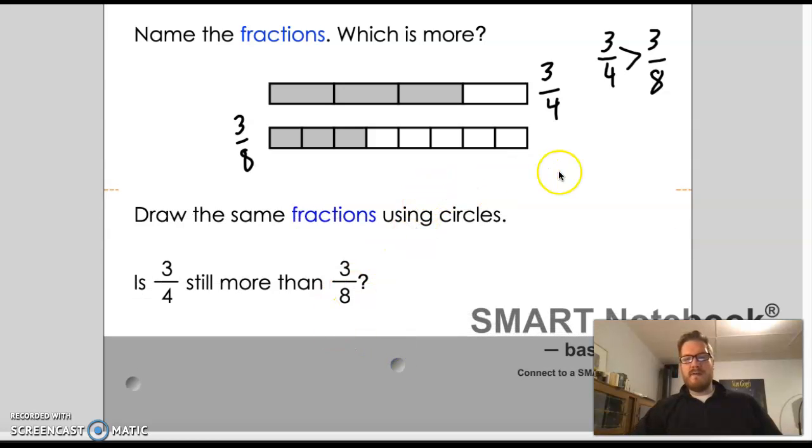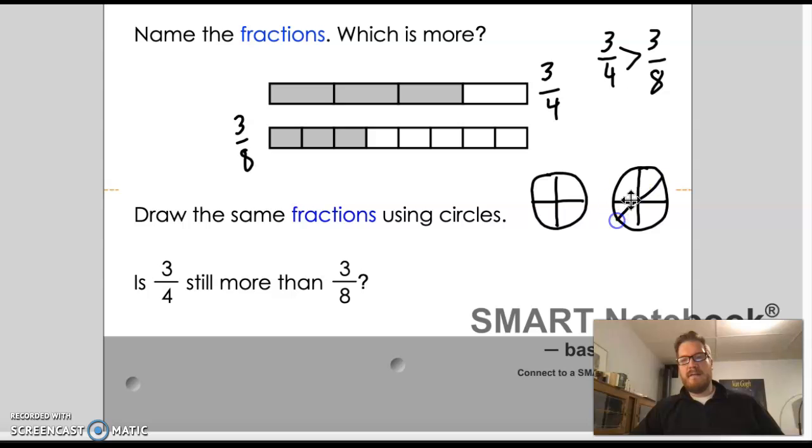Okay, now if I were to draw it using circles, right? I have two circles that are roughly the same size, and then I have this one that's drawn into 8s. Okay, and I'll change my colors up a little bit. So here's 3/4, and then over here is going to be 3/8.